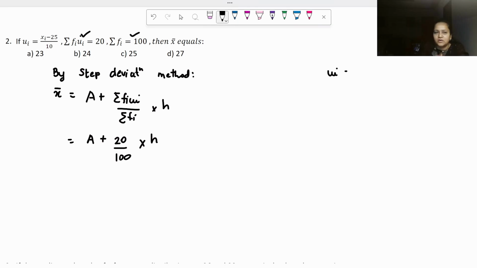We are given that ui is xi minus 25 upon 10. Right? But what is ui? Ui is nothing but di by h. And what is di? Di is xi minus a, where xi stands for your class mark, upon h.